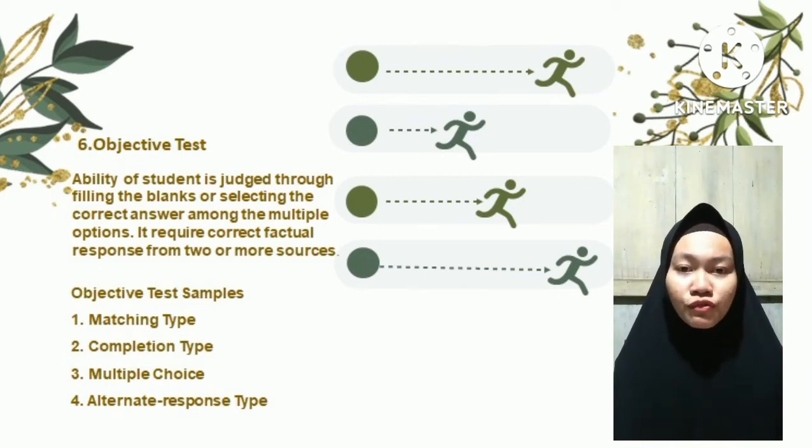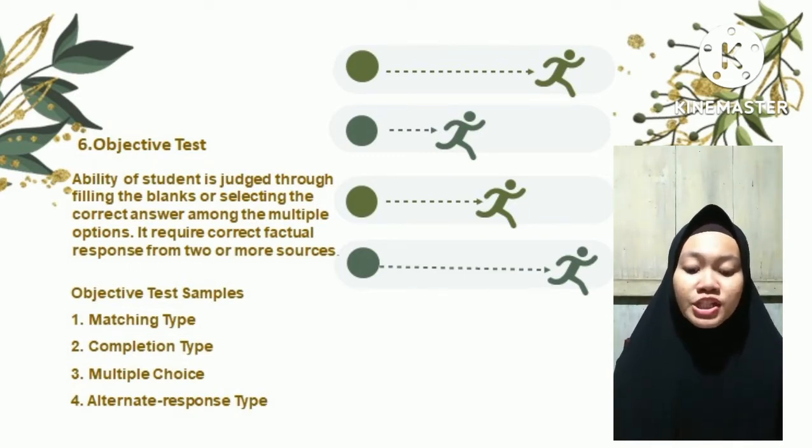And what to look for on sentence completion tests? First, only significant words are omitted. Second, when omitting words, enough clues are left so that the student who knows the correct answer can supply the correct response. Third, ensure that grammatical clues are avoided.